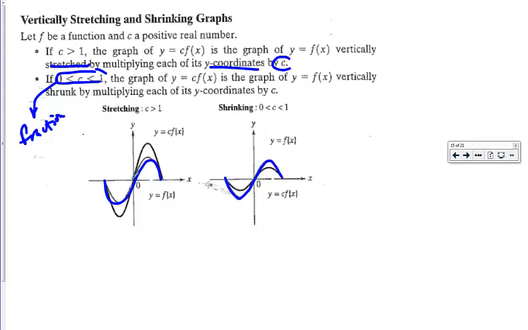Okay, so see, the parent function is the same on both of those. However, whenever c is greater than 1, it's a stretch. It's making it taller. When c is between 0 and 1, otherwise a fraction, it's making it shorter. Okay, do you see that?